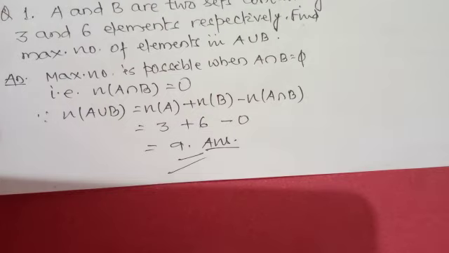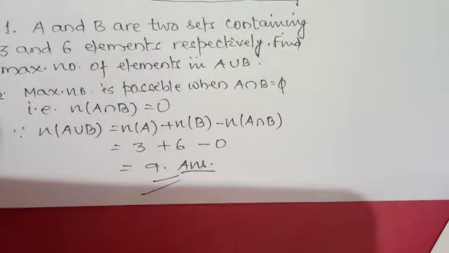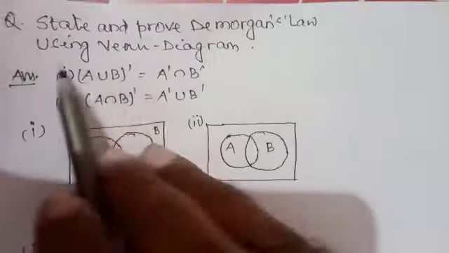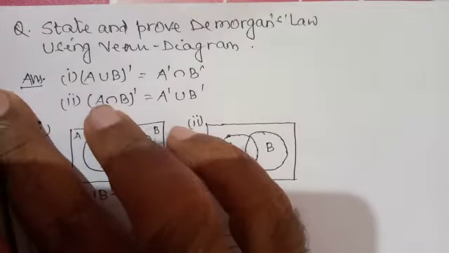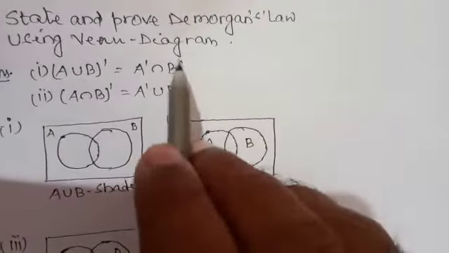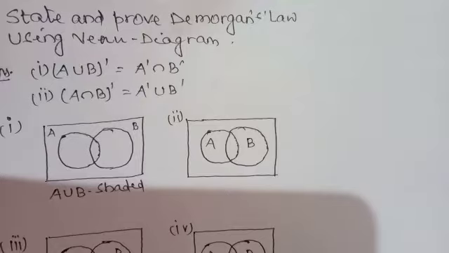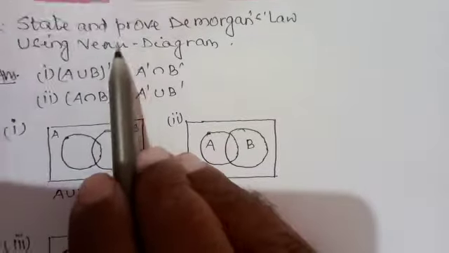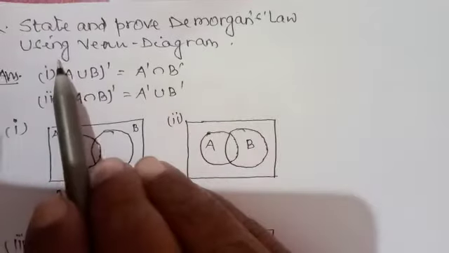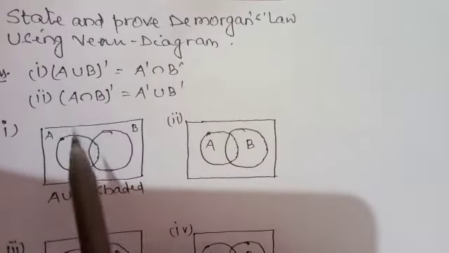Now see, one very important use of Venn diagram: state and prove De Morgan's law by using Venn diagram.